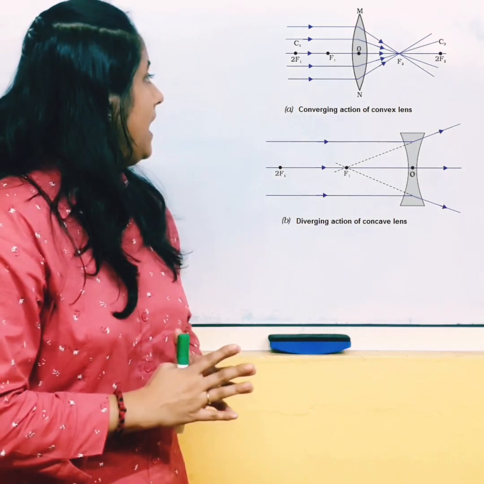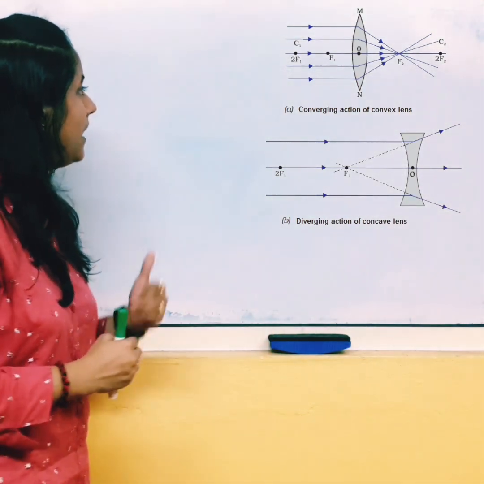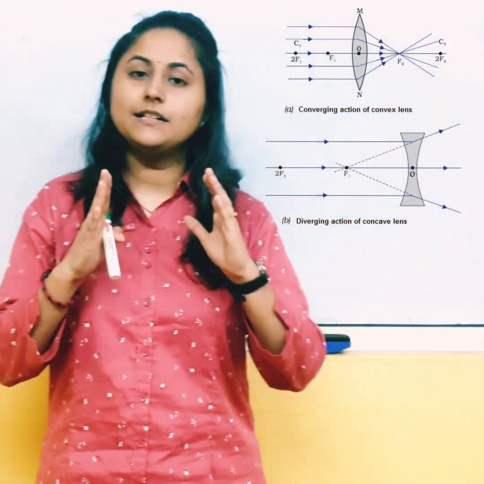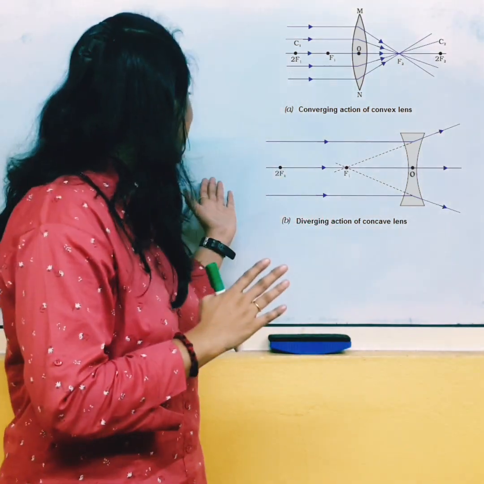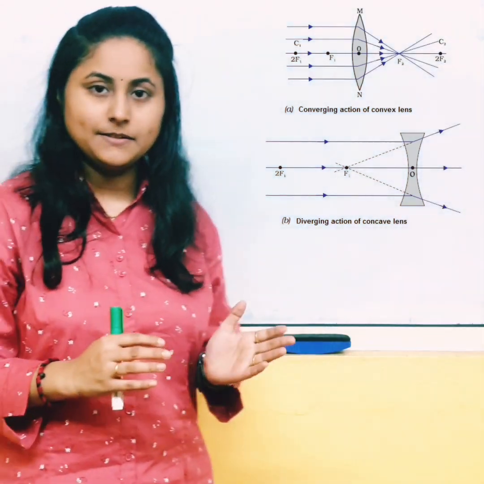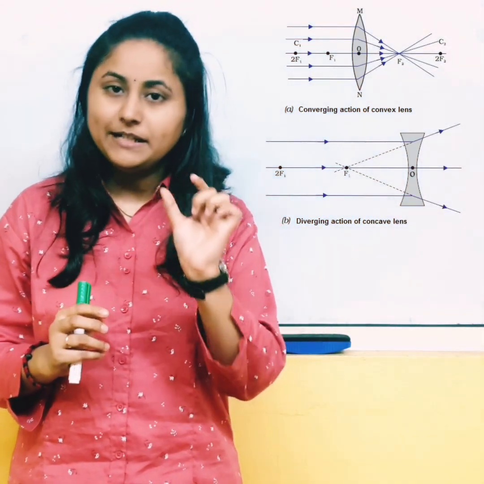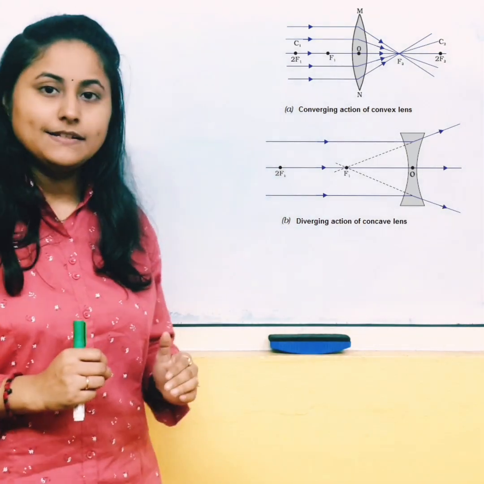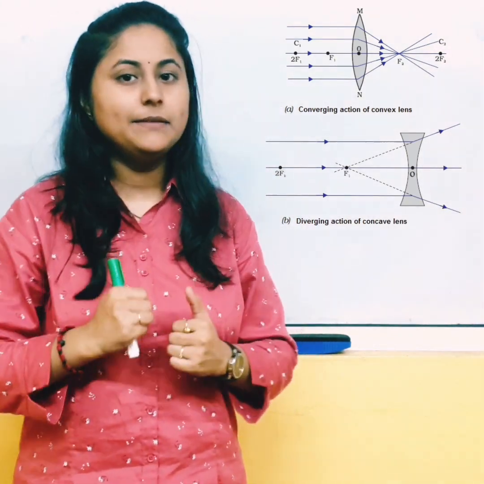Next you need to know that the convex lens is thicker at the middle than the edges, whereas the concave lens is thicker at the edges than the middle.